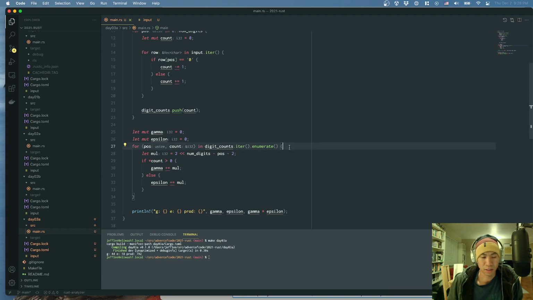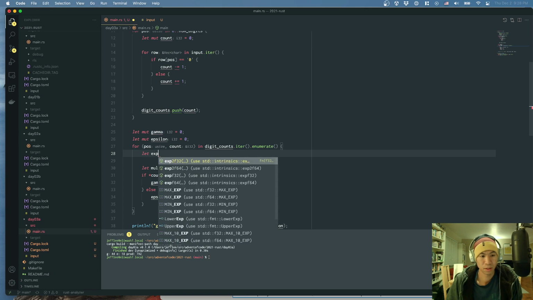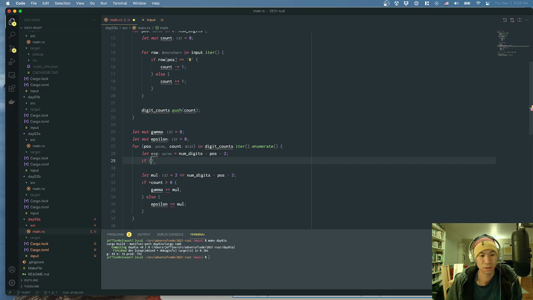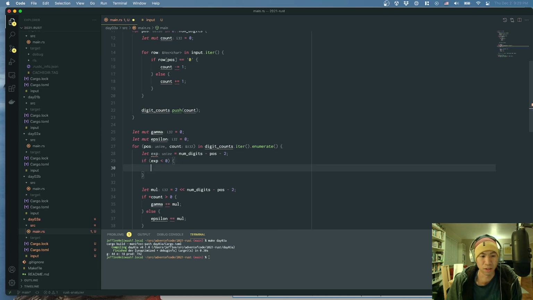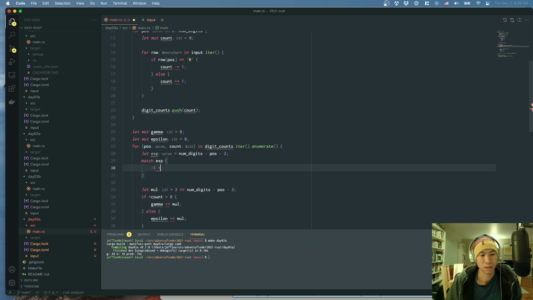So I think what we actually need to do is, it's really the exponent is the number of digits minus position minus 2. And if the exponent is less than 0, it can only really be -1 here. Maybe a match is better. -1 is going to go to, why is this a usize?